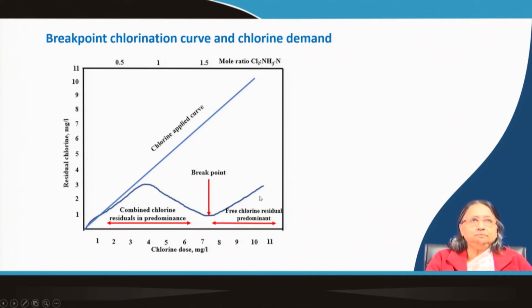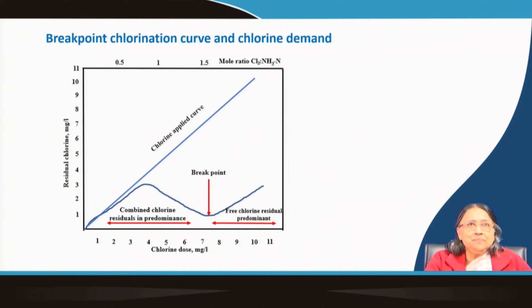Okay. Now, you have to apply the dose at least up to this point, then everything will go, and then a little bit extra there, so that some free chlorine residuals are there in the water, which will take care of the killing of the microorganisms, that means the disinfection. Okay.